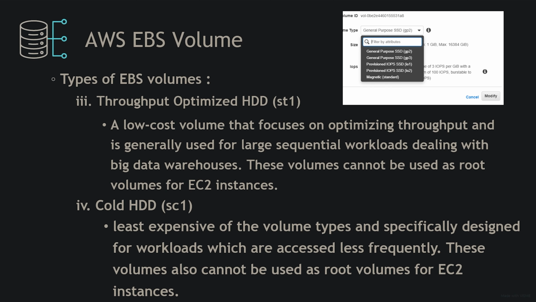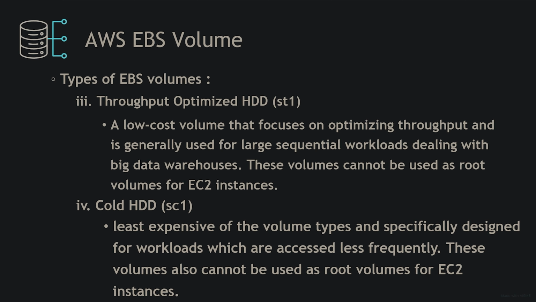Then you have cold HDD, which is known as SC1. It's also the least expensive of the volume types, and specifically designed for workloads which are accessed less frequently. For example, let's say there's a media company that has some media from 10 years ago, so they're not going to use it.